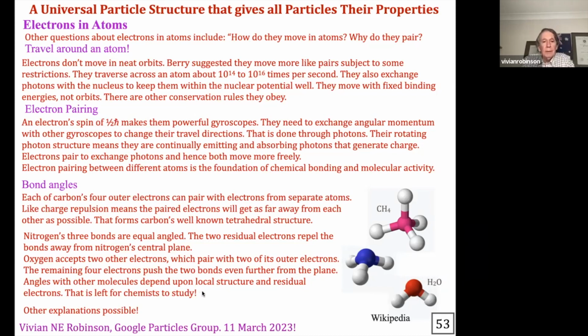But the angles of other molecules just depend upon local structure and residual electrons. I'll just leave that for chemists to study, but I'd like to give you an indication of how it can happen. Look, I know other explanations are possible, but this is also equally valid in my opinion, because it comes fixed with all of the other things like special relativity, corrections, and so forth.